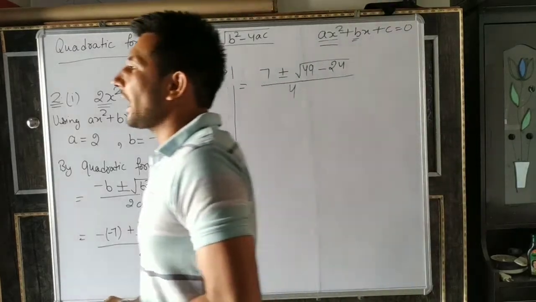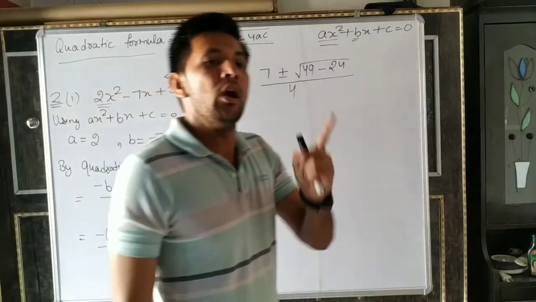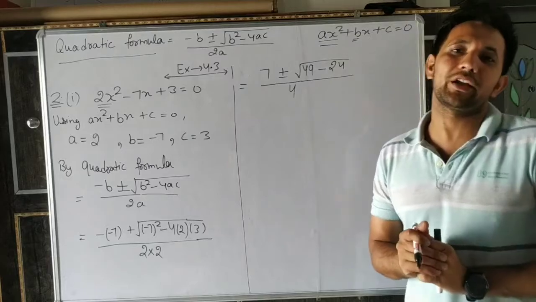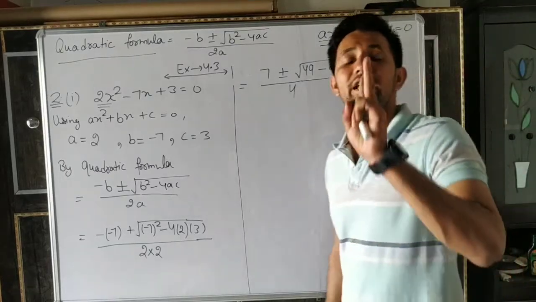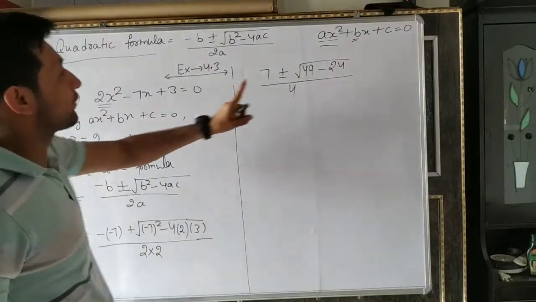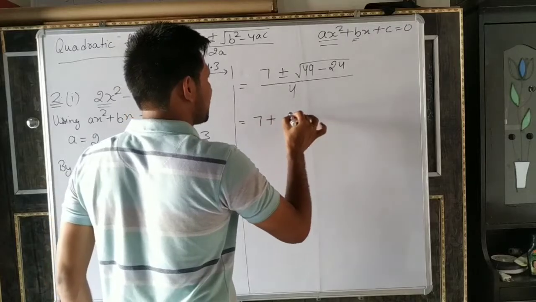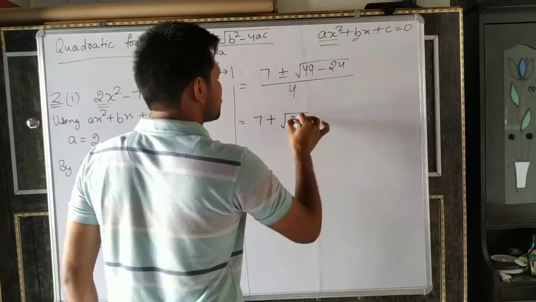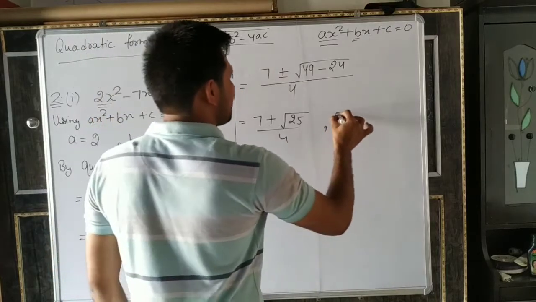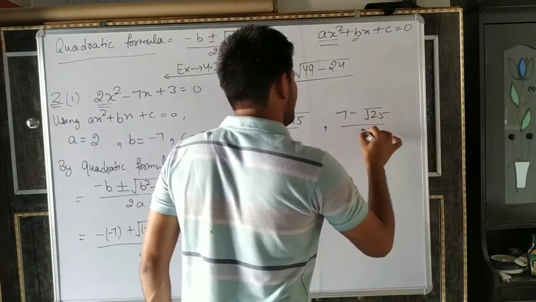Now what is the meaning? Everyone knows that in a quadratic equation, how many solutions or roots are there? There are at most 2 roots. Therefore, one time we will take positive: 7 plus the square root of 49 minus 24, that is 25, divided by 4, and comma, one time we will take 7 minus the square root of 25 divided by 4.